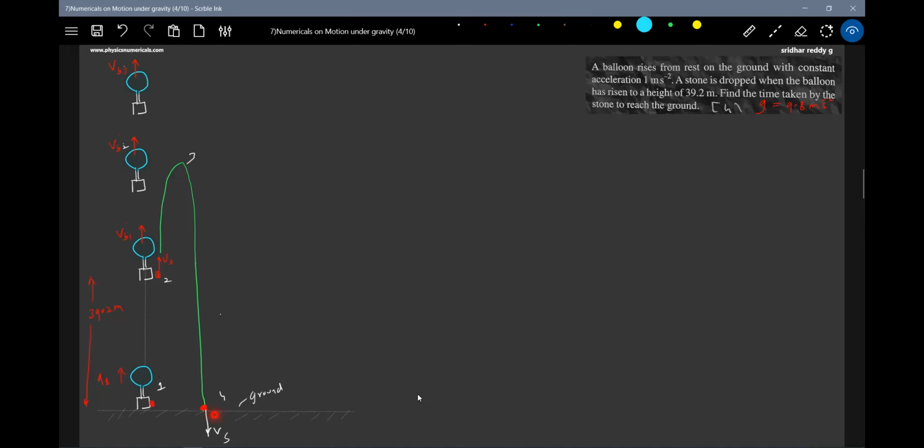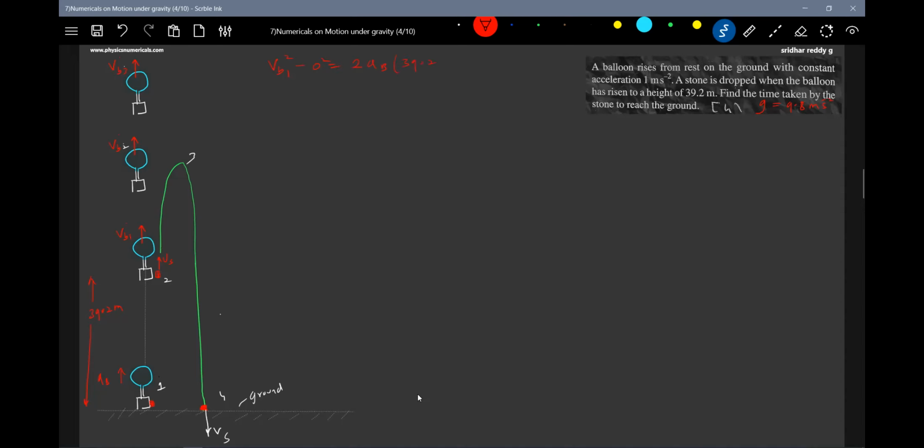What is the acceleration of the balloon? It is 1 meter per second square. So let's calculate the velocity of the balloon, VB1. VB1 square minus 0 square equal to 2 times the acceleration of the balloon into h.